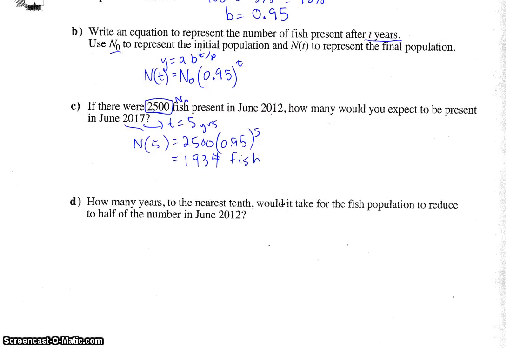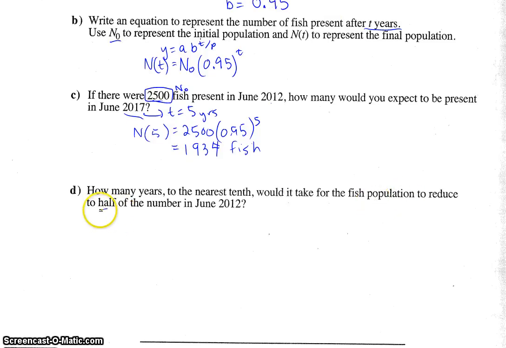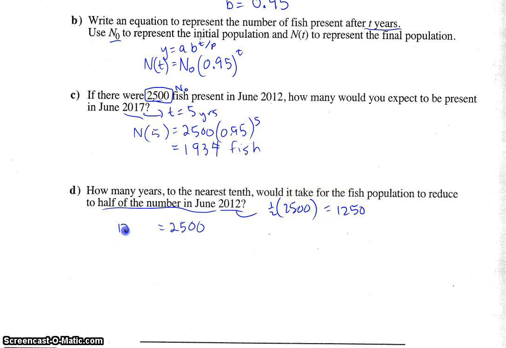Okay, now, how many years to the nearest tenth would it take the population to reduce to half of the number in June 2012? So if in June 2012 our initial amount was 2,500, then 1/2 of 2,500 is going to be 1,250, and that's what would go in for n, our final number there.